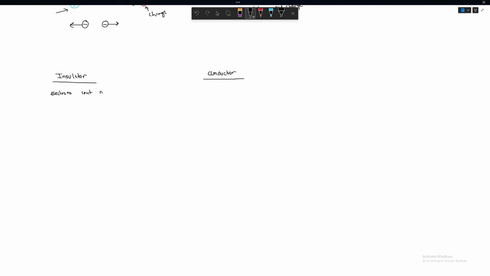They just can't. You have electrons in there, but they can't move around. In a conductor, electrons can move. Alright, so electrons can move.